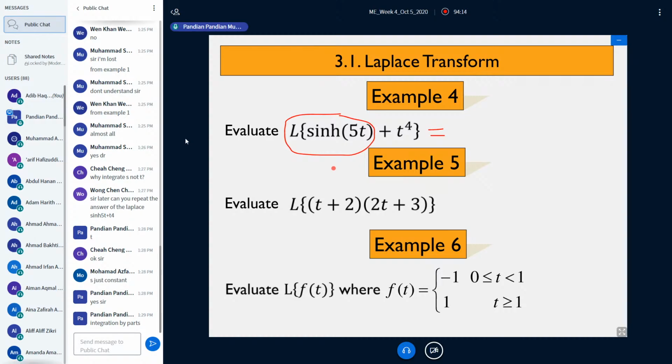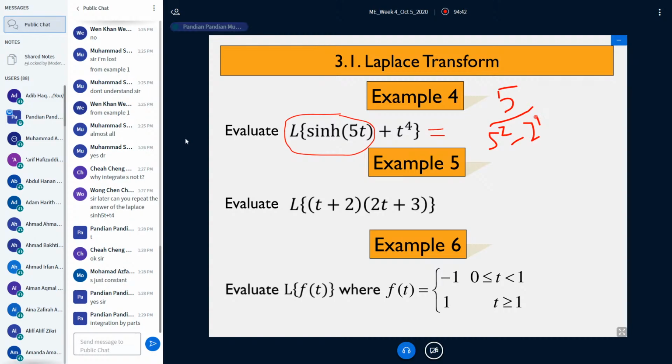Write down: 5 over s squared minus 25. That is the answer.